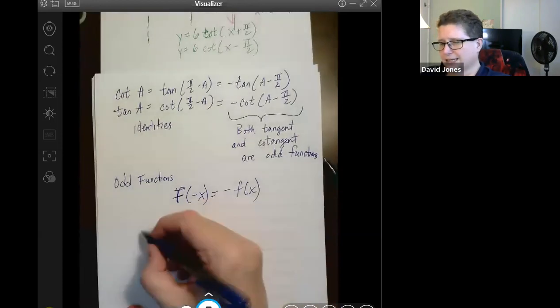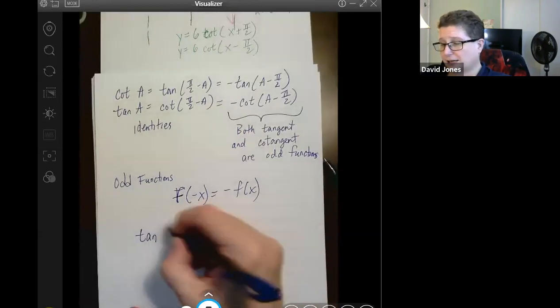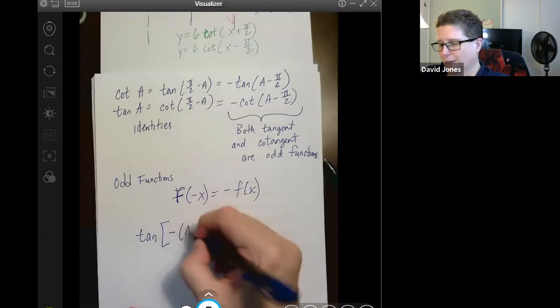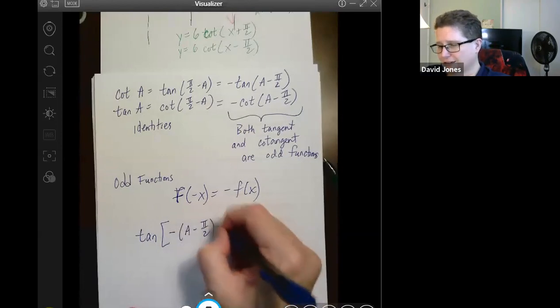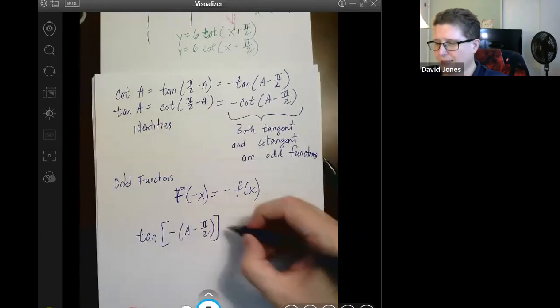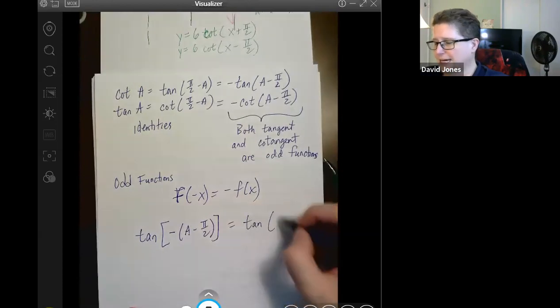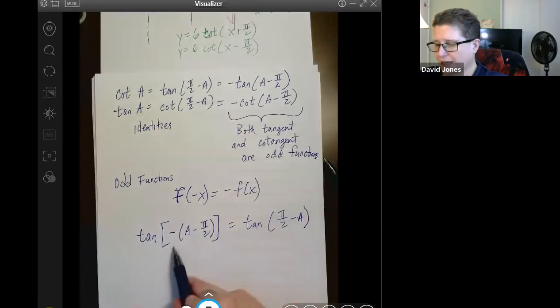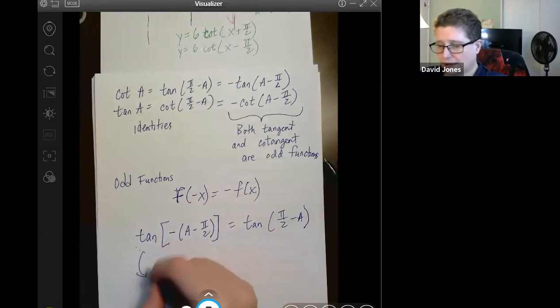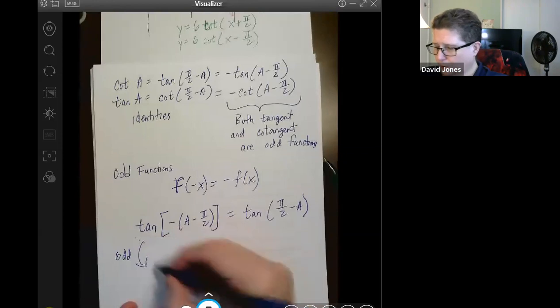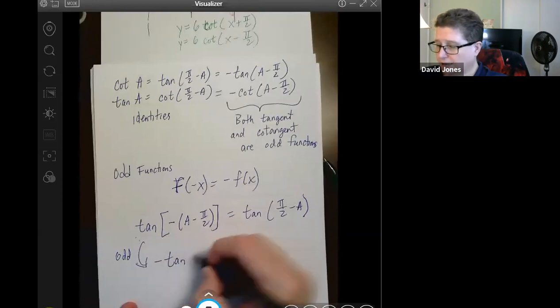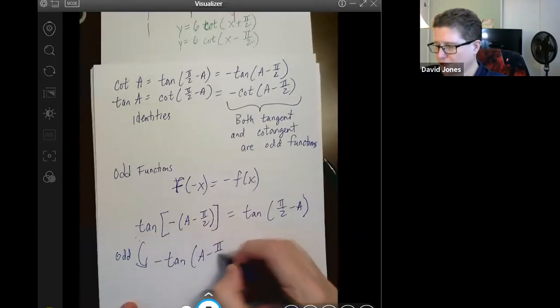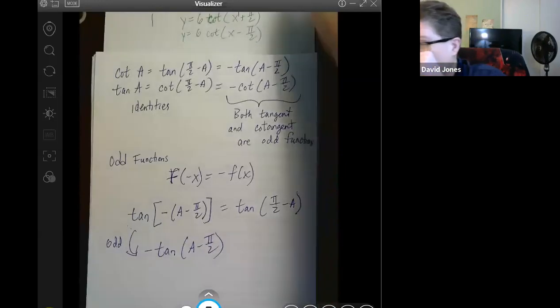So I could say this is tangent of negative A minus pi over 2. That's the same thing as tangent of pi over 2 minus A. But then using the odd function property, I can pull the negative sign out and have A minus pi over 2. And that's why that works.